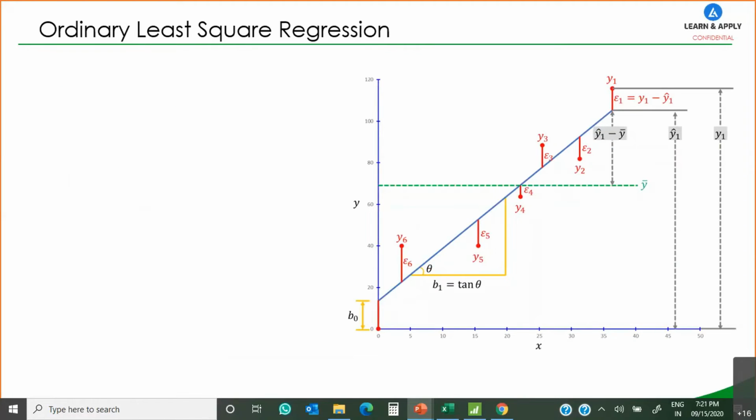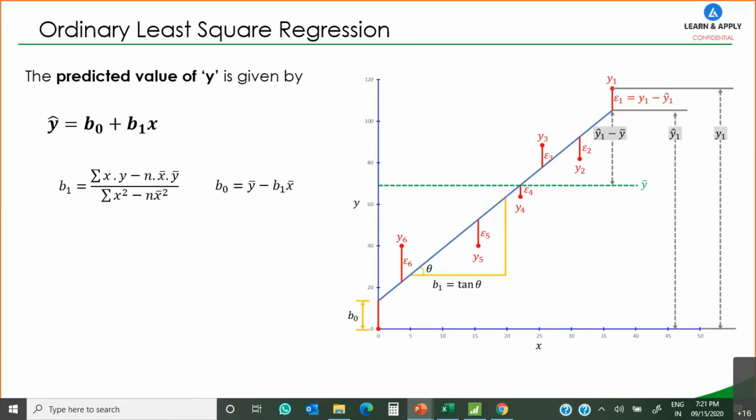Now let's go into the detail of how to calculate this best fit line, right? We had seen the importance of that. For the predicted value y, any value which is on this regression line, we are going to use some formulas to calculate it. This predicted value y cap will be equal to b0 plus b1 into x. Now what is b0?